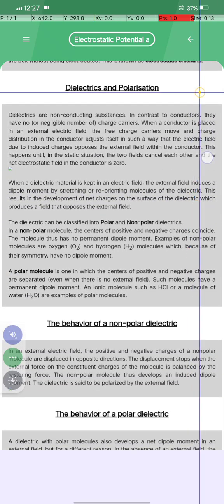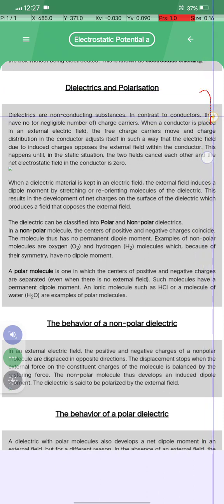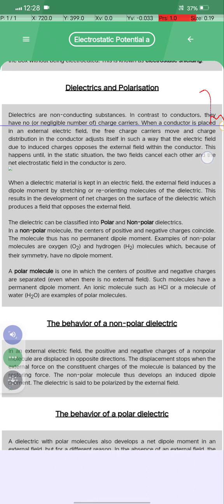Now comes dielectrics and polarization. What are they? Dielectrics are non-conducting substances, in contrast to conductors, and they have negligible number of charge carriers. When a conductor is placed in an external electric field, the free charge carriers move and the charge distribution in the conductor adjusts itself in such a way that the electric field due to the induced charge opposes the external field within the conductor.